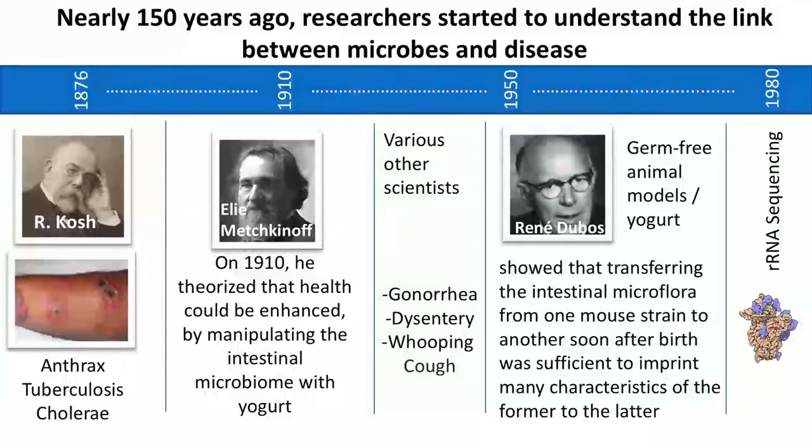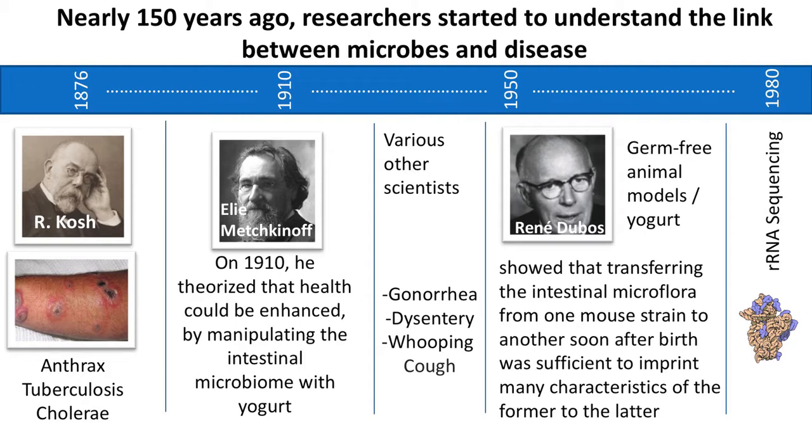Later on, there were many other investigators working on other diseases that were identifying pathogens. And then, again in 1950, another investigator, René Dubos, was very passionate and a very deep thinker, almost a philosopher. So he sent many comments about health. But one great contribution is that he developed a germ-free animal model.